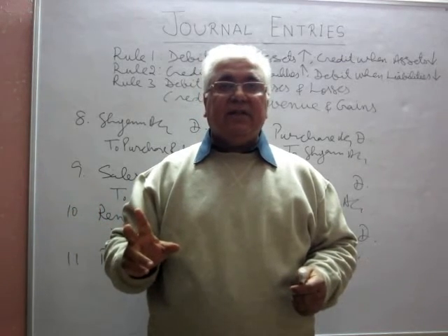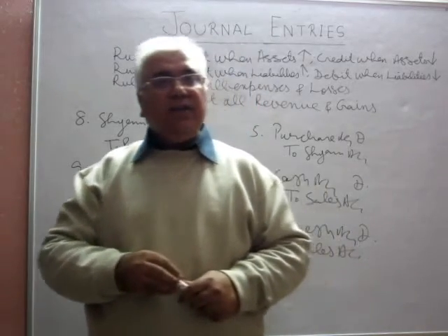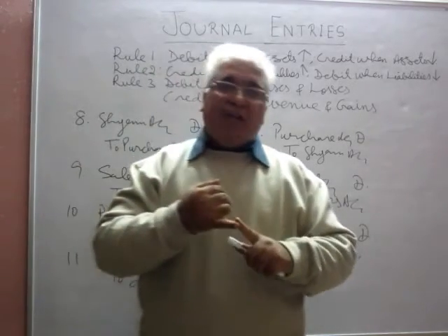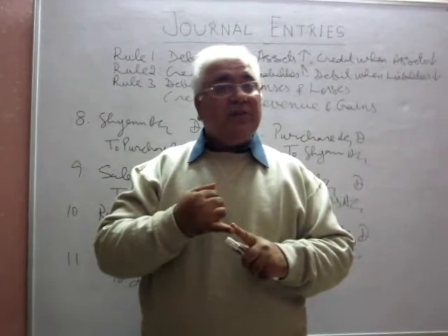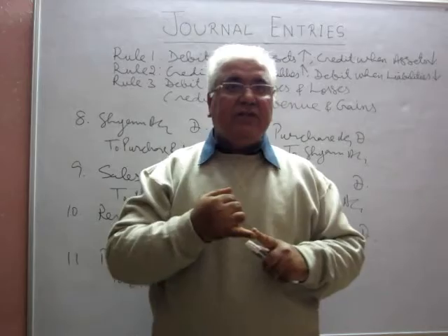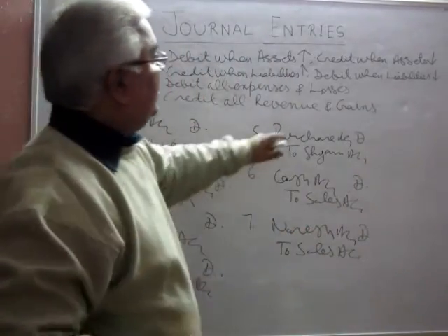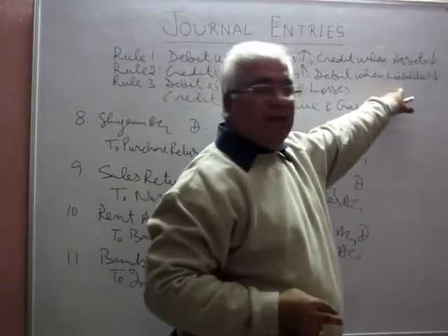In this case, just see how the entry is formed. What are the accounts involved in this? One, Shyam account, whom we owed 5,000. 5,000 liability is being settled, and what is the rule for liabilities? Debit when liabilities decrease.